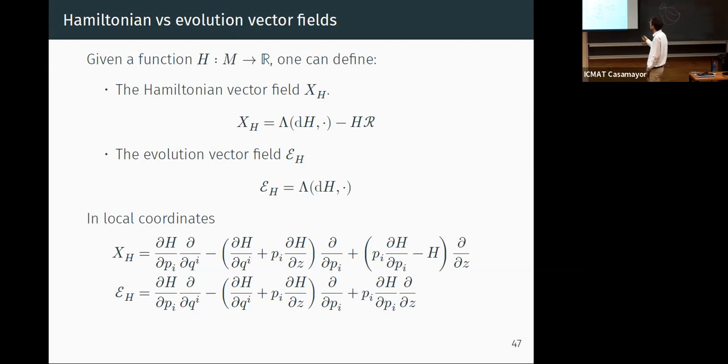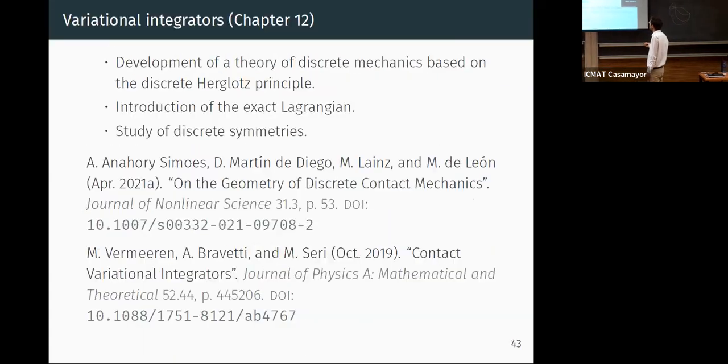It's just a small modification of the definition of the Hamiltonian vector field, but the behavior is completely different. You see in the chapter that they have properties that have nothing to do with the Hamiltonian vector field, and it also turns out to model some non-equilibrium thermodynamic systems, which is very interesting. This was an easy result.